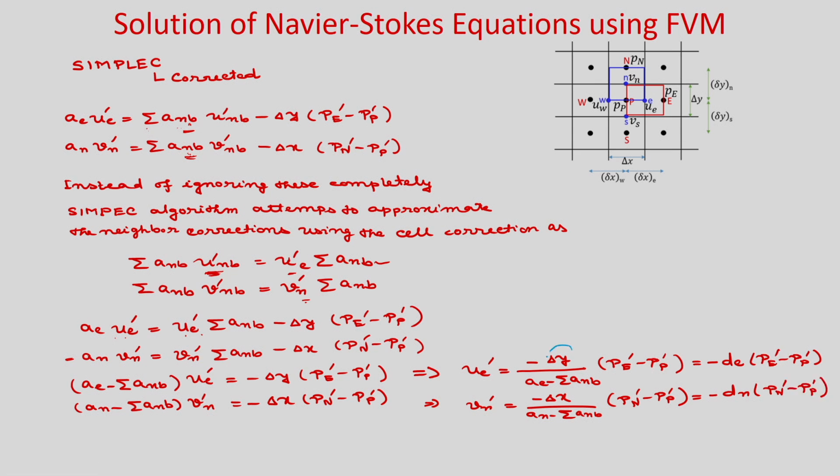Okay. So, this we have represented as d_e and this we have represented as d_n. Now you can see that we have approximated this neighbor correction value, which we dropped in the SIMPLE algorithm. So, that is the difference from the SIMPLE algorithm.